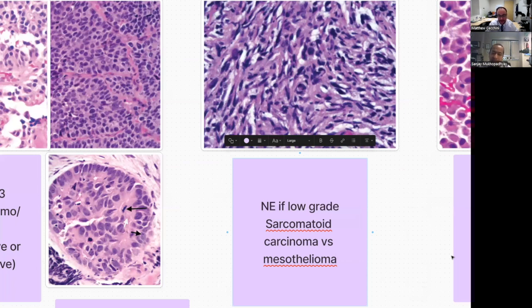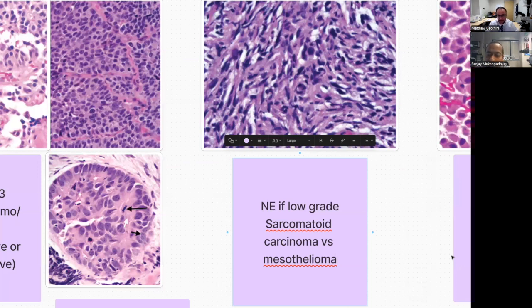And I always do at least two keratins on these. Either an AE1/AE3, or I have a pan keratin that's got AE1/AE3 and a CAM in it, so it covers me from there. Actually, can I interrupt, Matt?